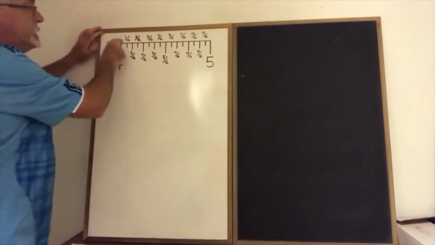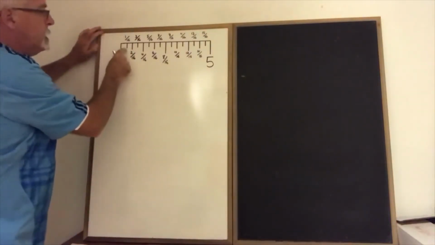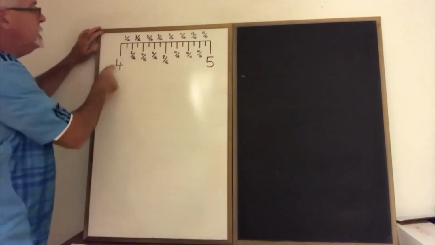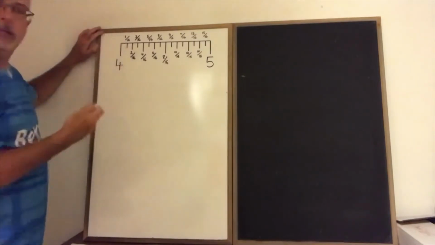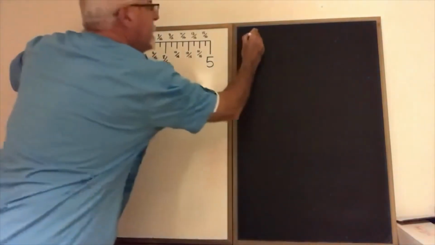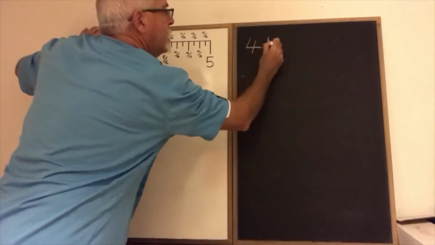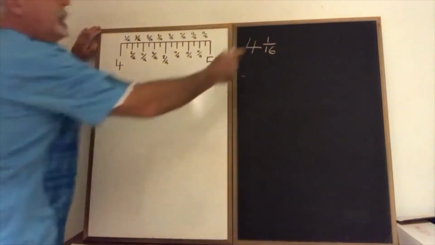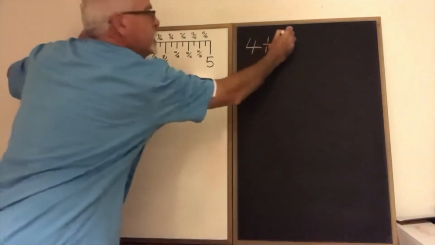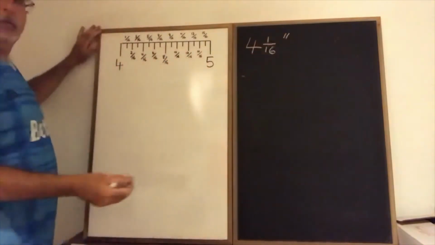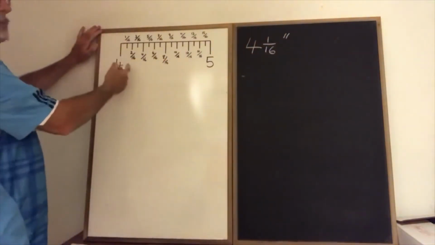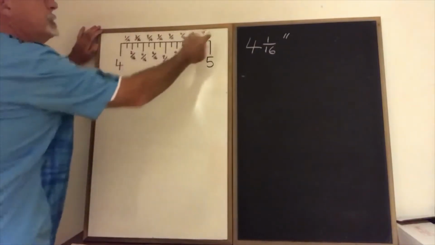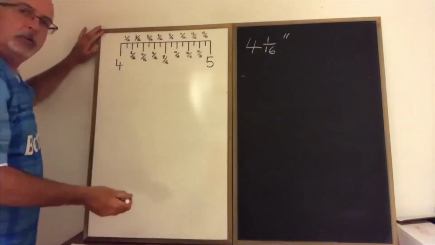So the first measurement I have, if you measure right to this little line on a ruler, is going to be 4 and 1/16 inches. And I write it as a mixed number. The big number is the 4, and then 1/16, and I use the symbol for inches. The same thing will happen for all of these other ones on the top because I cannot reduce the fraction.